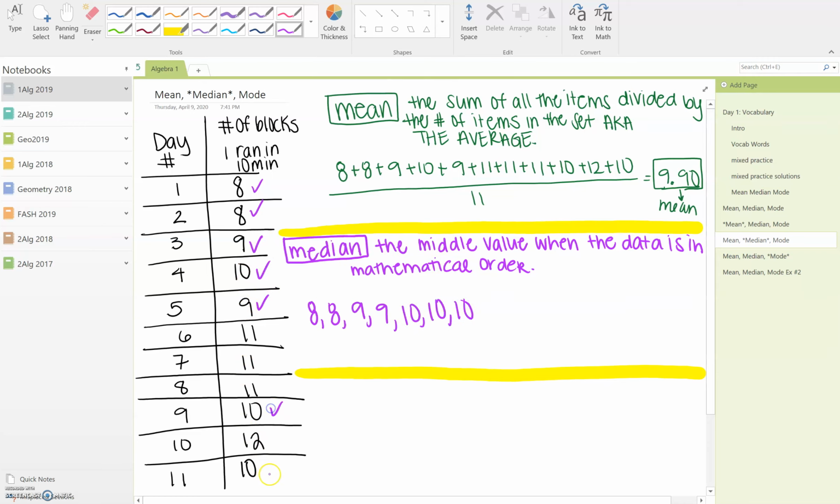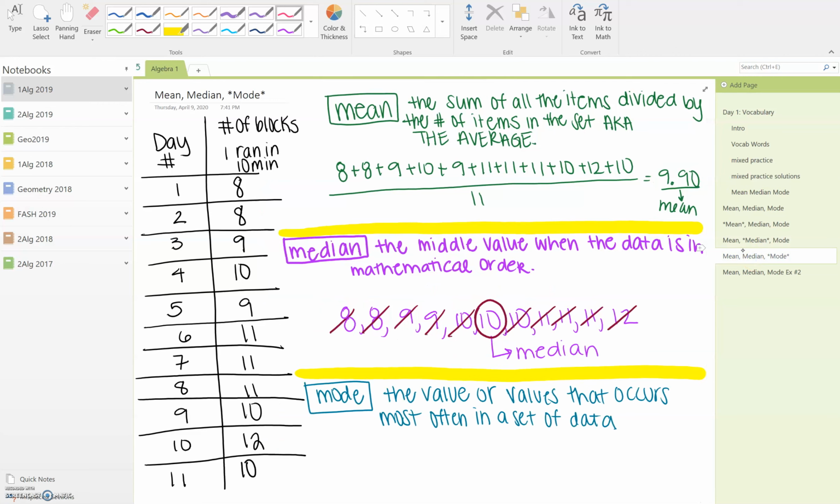So 3 11s, 1, 2, 3, and 1 12. Okay, so now what I want to do is find the median, and what I just do for this is I just cross off one number on either end of that list until I get to the middle. So cross that off, that goes away, that goes away, this goes away, and there we go. We found our median. This number is going to end up being our median.